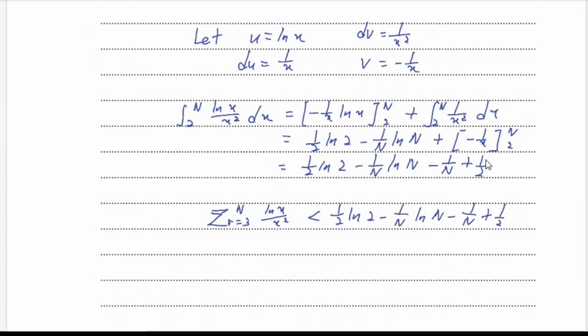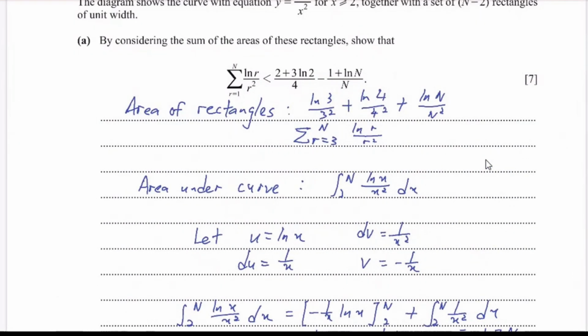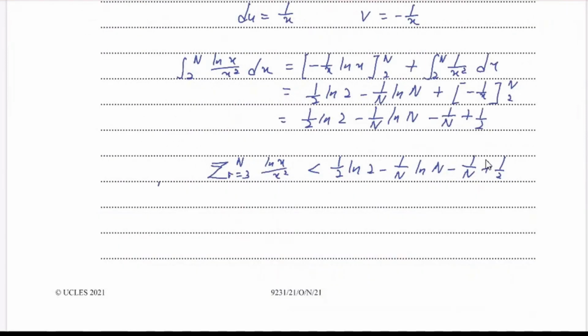Then, in order to have the result proven, we need the r which starts with 1. So we need to add the suitable terms to both sides, accounting for r equals 1 to 2. On the right hand side, we do the same thing as well.